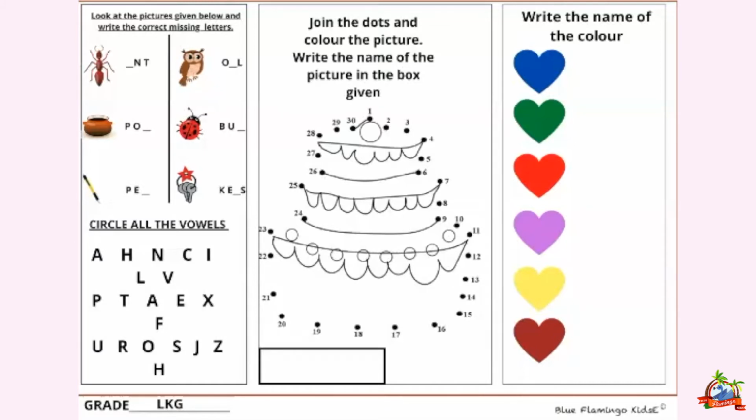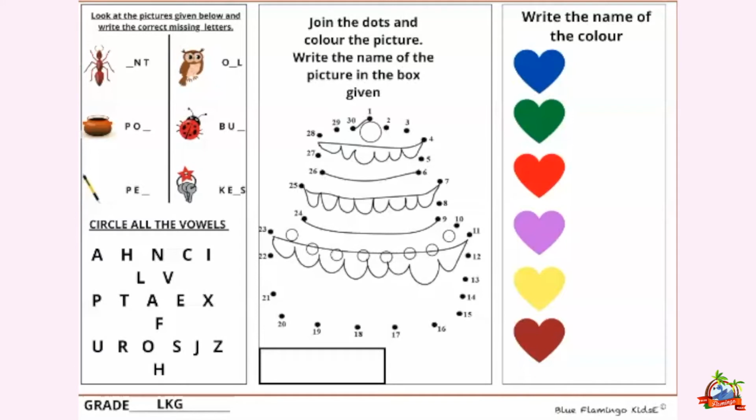What are these 5 vowels? A, E, I, O, U. These all are vowels and except these 5 all are consonants. इन 5 को छोड़ के बाकी सारे क्या हैं? Consonant हैं.